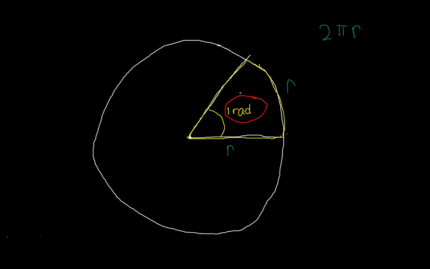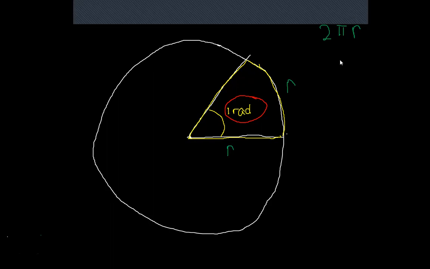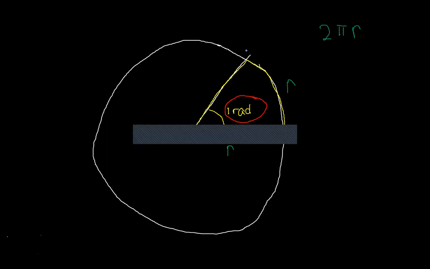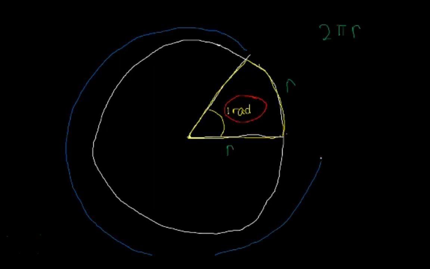So if this 1 rad is equal to length r, what that little part I was reading just now says is that this circumference, this whole thing, is made up of 2 pi of this.